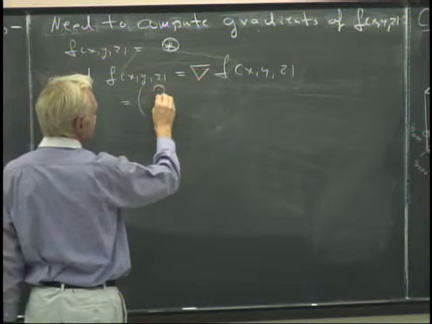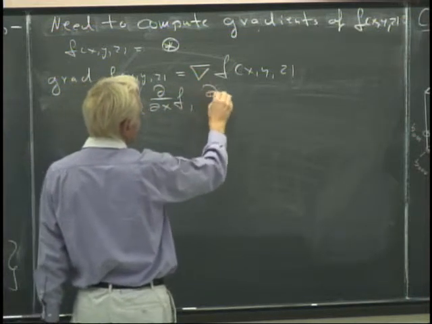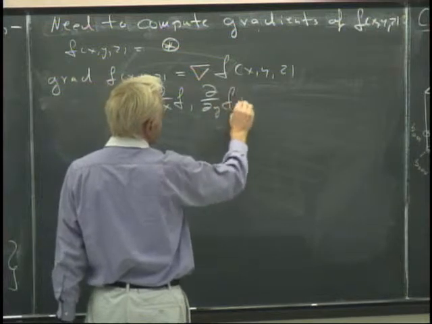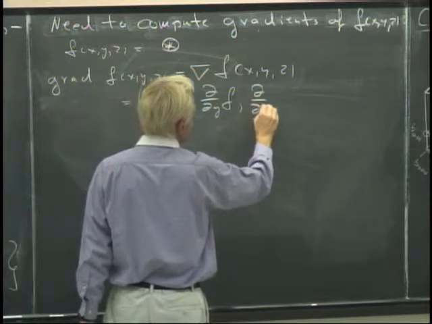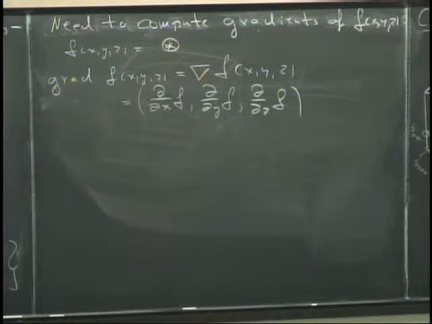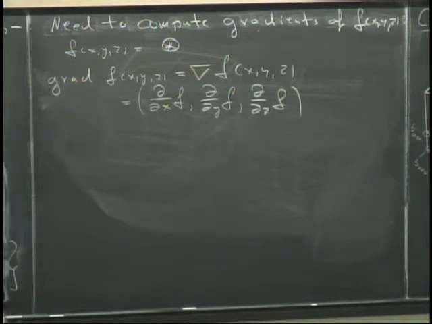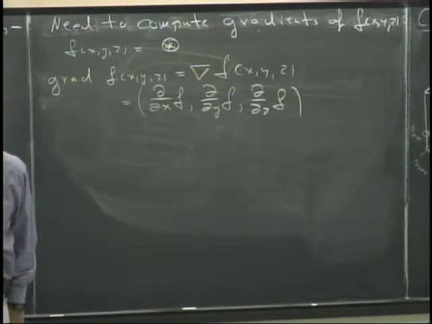So it's the partial derivative with respect to x of f, the partial derivative with respect to y of f, and the partial derivative with respect to z of the function f. So it has 3 entries. And now I just give you the result, what this derivative is. And it will become very simple when we consider the expression at the bottom on that board.